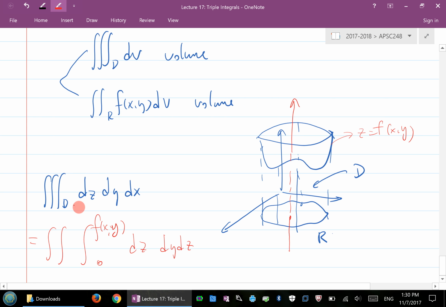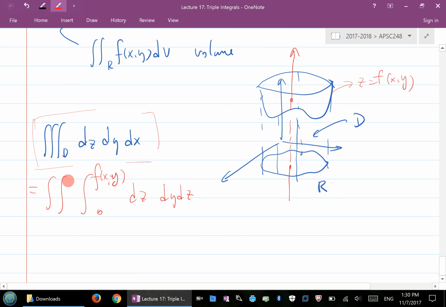Now, if I wanted to calculate the volume of the region D, I start from the triple integral here. Then, if I decide dz, dy, dx, I draw this arrow line in the z-axis direction. The first contact is 0. The second contact is on the surface, f of x, y. I'm going to skip the limits here. Then what does this innermost integral give us?